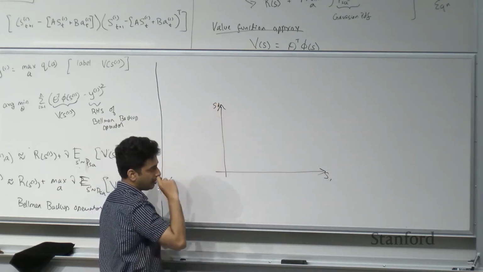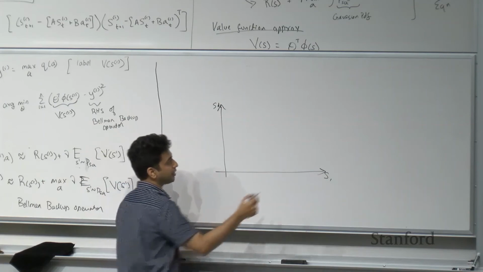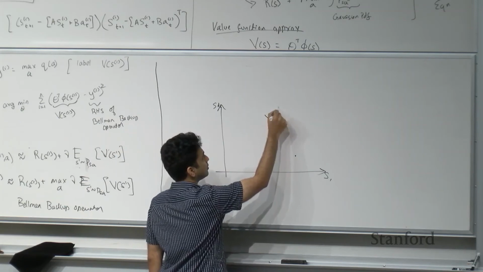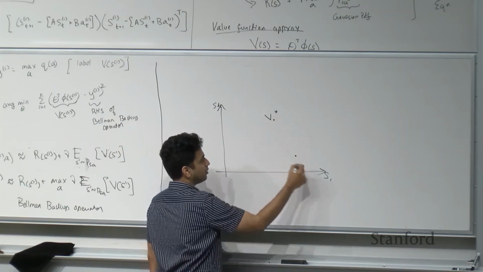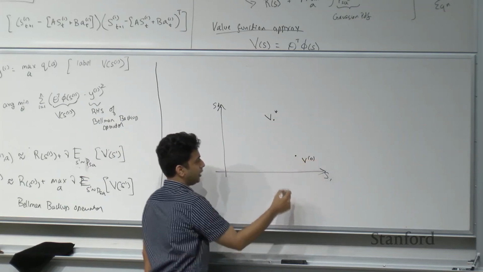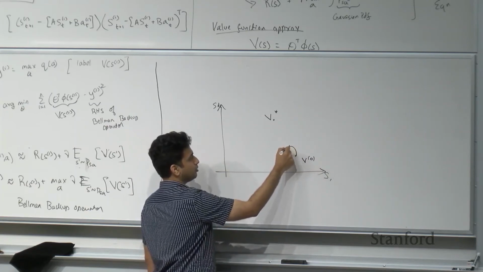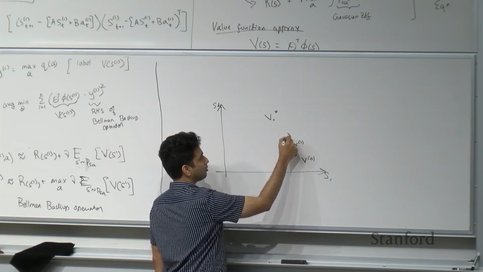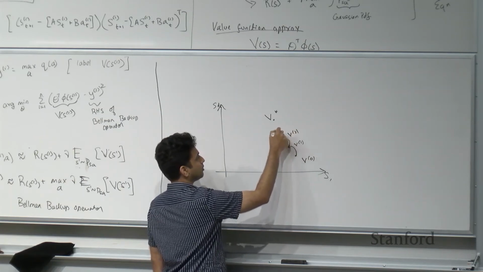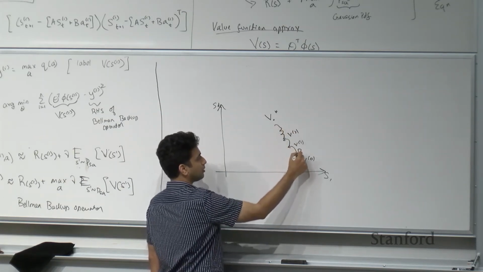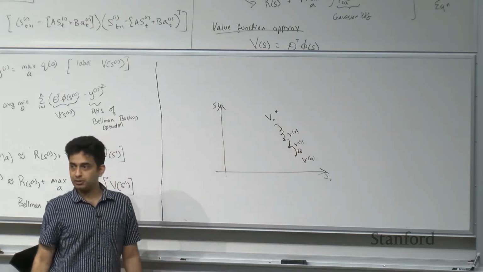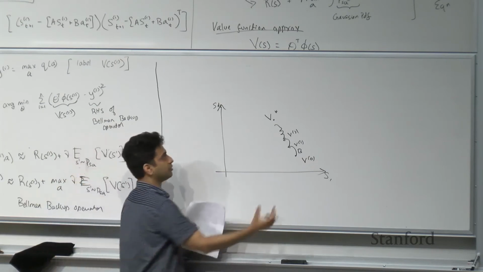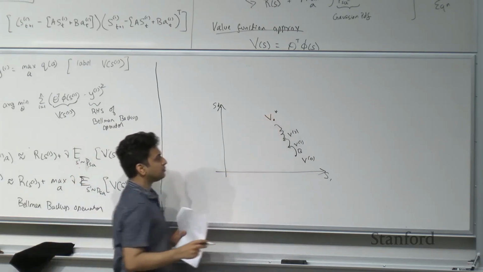In the discrete setting, supposing this was V star, we start with some random initialization V naught, and apply the Bellman backup operator to get V1, and we would keep getting closer and closer, where each hop was one application of the Bellman backup operator. The Bellman backup operator was a contraction mapping, so no matter where you started, you would converge at V star.